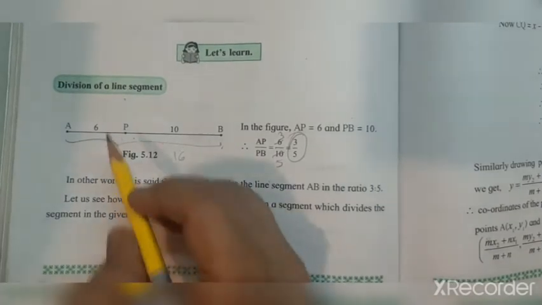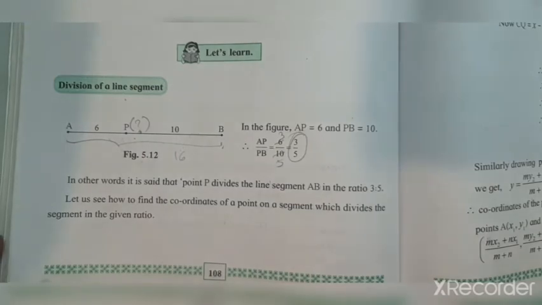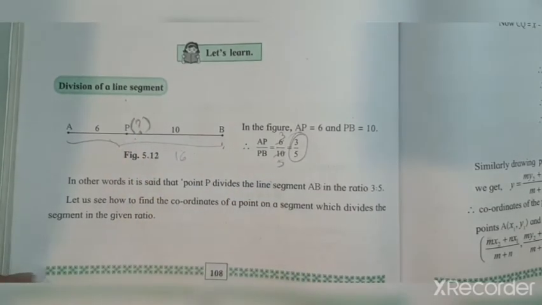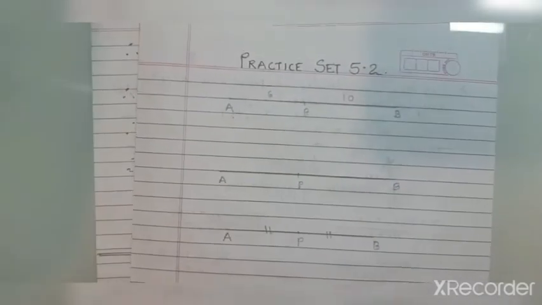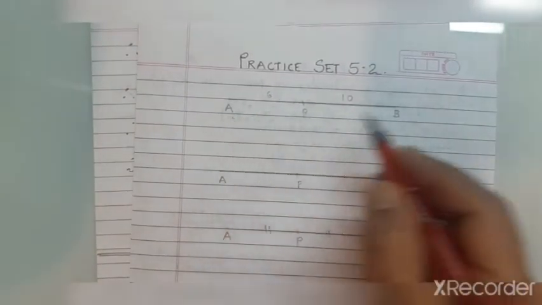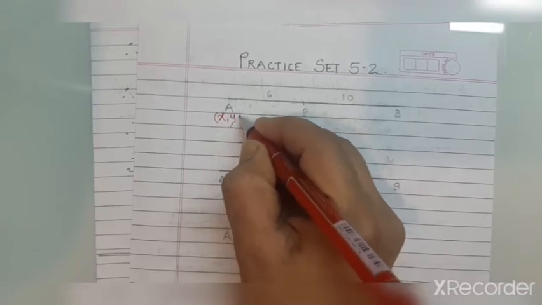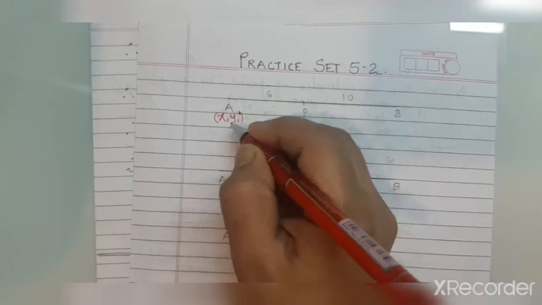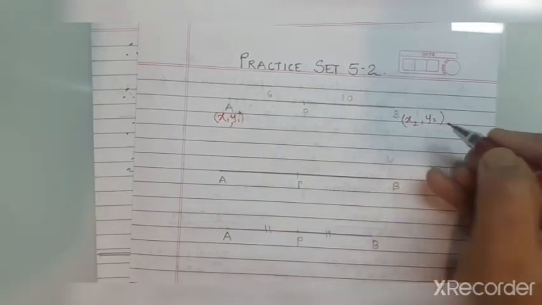Now if we have to find the coordinates of this point P, we can find them with the help of the section formula. So we will see what the section formula is now. Here, consider that for the given points, point A has coordinates x1, y1, and point B has coordinates x2 and y2.